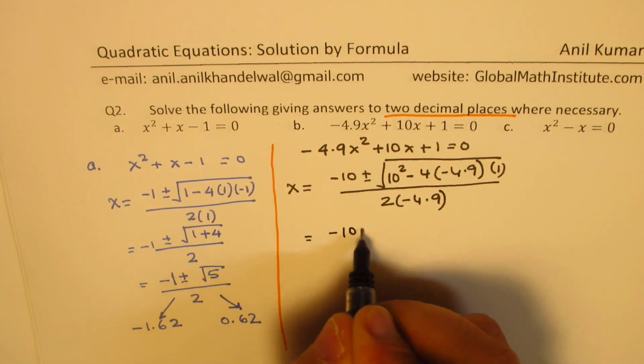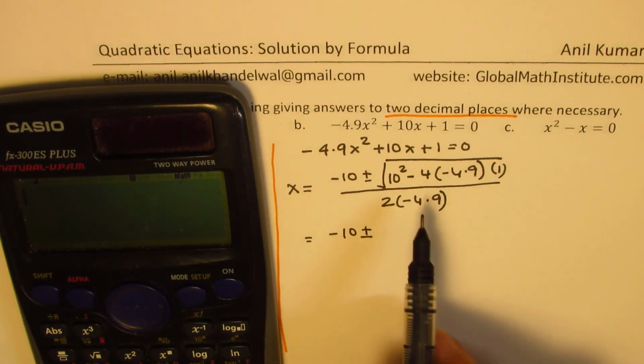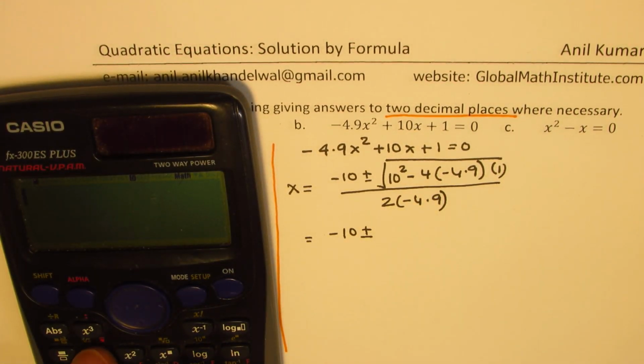So we get minus 10 plus minus. Let's calculate this value. So within the square root, this becomes plus, right? So we have square root of 10 squared plus 4 times 4.9, right?